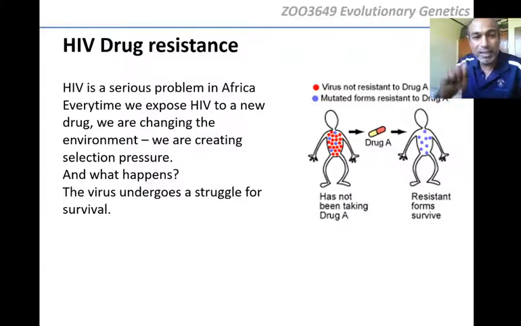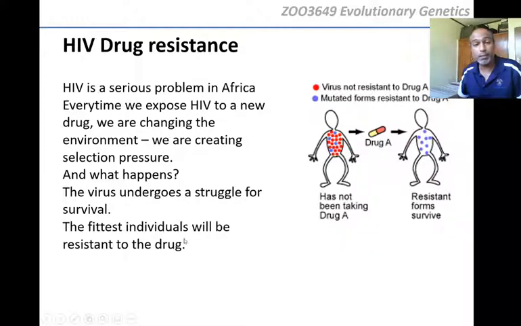The drug creates an environment, and now the drug which is killing the virus, that virus has to evolve to that drug. Those viruses that are not resistant to the drug will be killed. Okay, so these red ones, they will be killed.